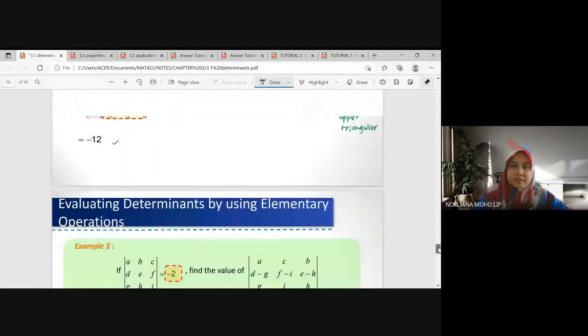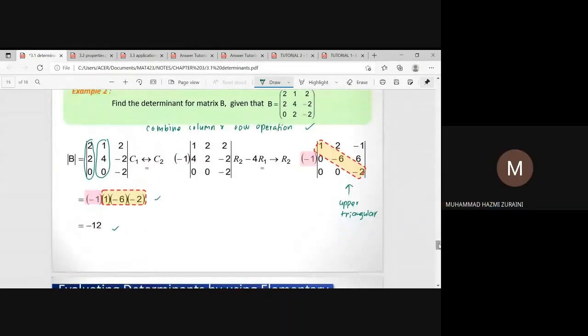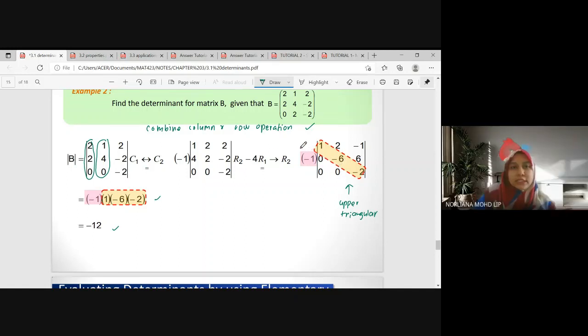Madam. Ya. Mana hilang kosong, mana hilang nombor 2 tu madam dekat soalan tu? Di mana? Kalau tengok dalam example tu kan bawah tu kan 0, 2, negatif 2. Mana hilang 2 tu? Kat mana? Ni. Dekat questions tu, dekat given that B equals to 2 to 0. Oh, dia salah salin ni.